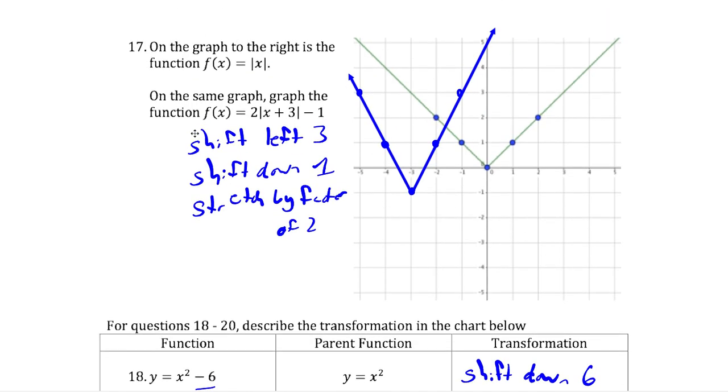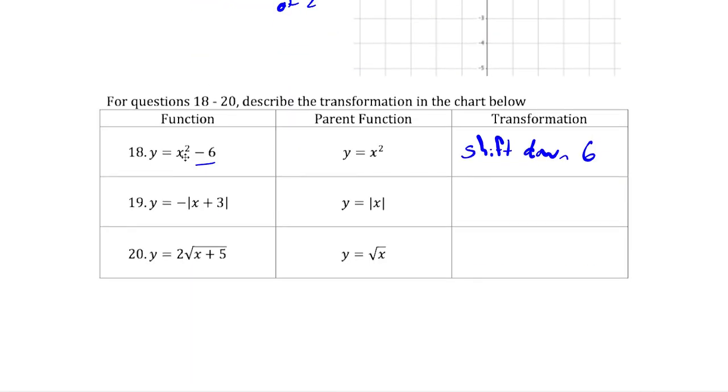Notice that for this problem up here, the plus 3 is with the x. It's within this absolute value. If I had this in parentheses next to the x and that was squared, then that would be a shift left or right. Because it's after the f of x, it is a shift down.